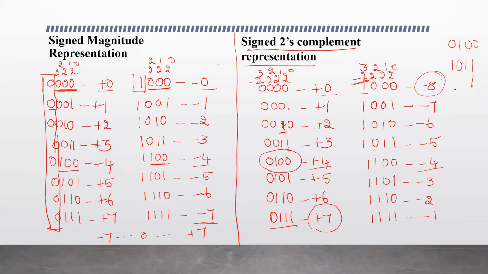And when you add 1 to this, you get 1 1 0 0, which is this number, 1 1 0 0. So the 2's complement of plus 4 is minus 4. Okay, this is how numbers are represented in 2's complement form.